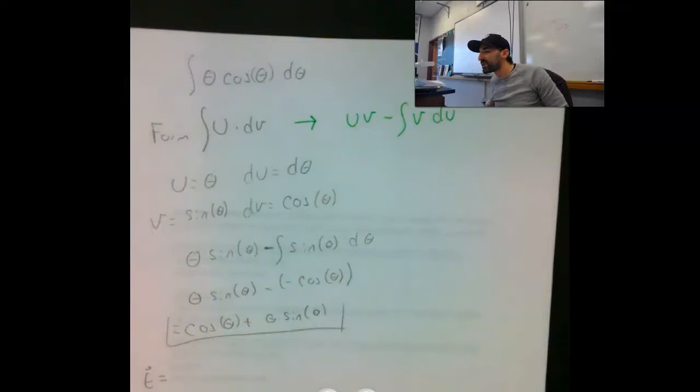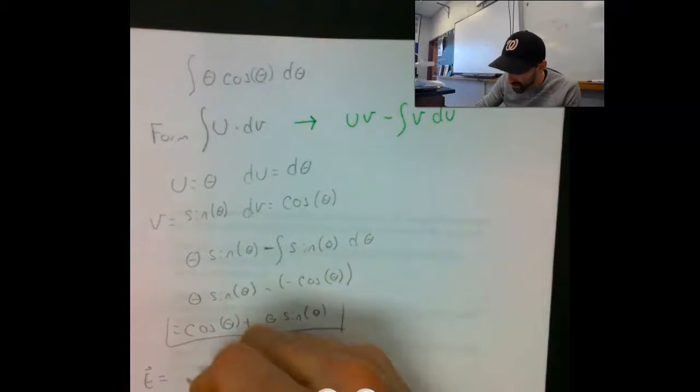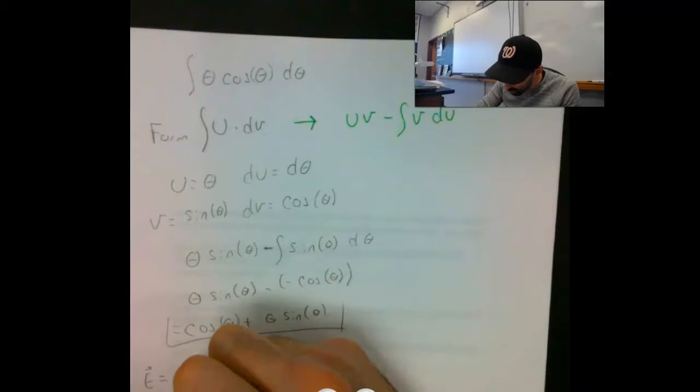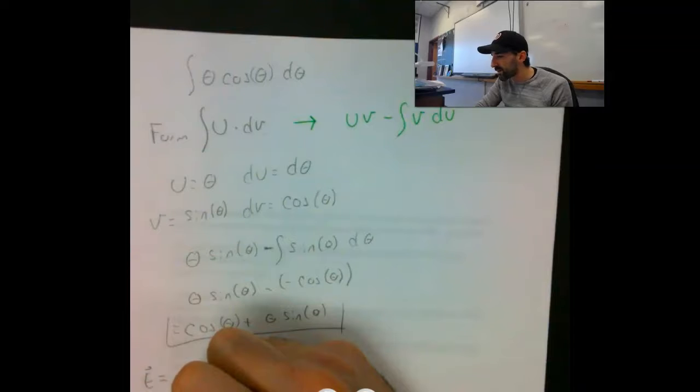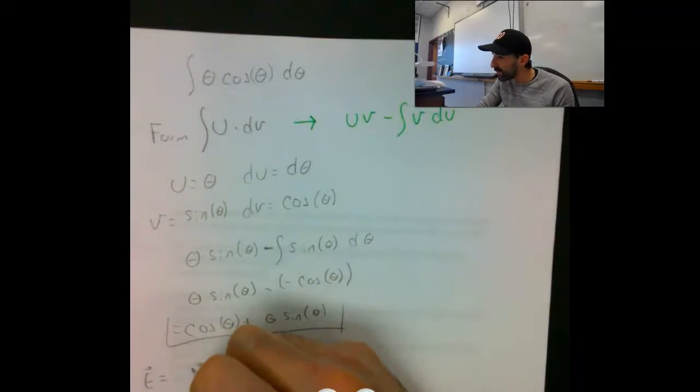I've got 2 over 4 pi, which is going to be 1 over 2. My k stays, my r on top is gone.